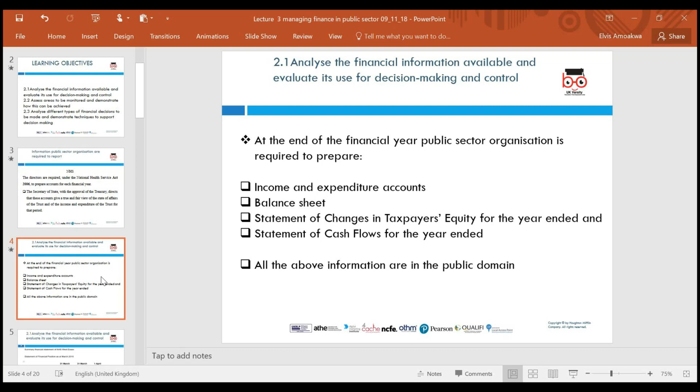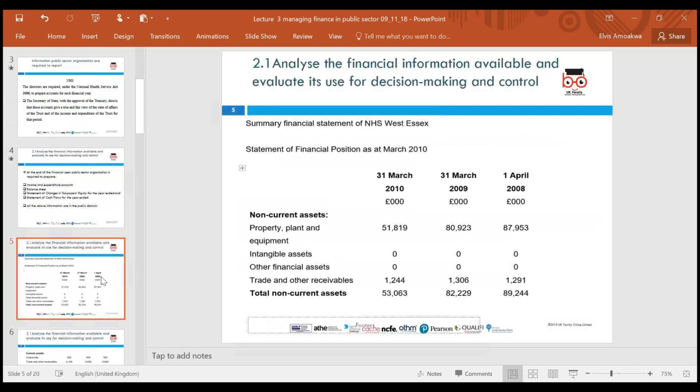And then they also have to provide a statement of cash flows for the year end. So these four pieces of financial information are always in the public domain, and you can find them anywhere. So we will use one of them to see how best we can use that information to make decisions. All right, let's look at our next slide.